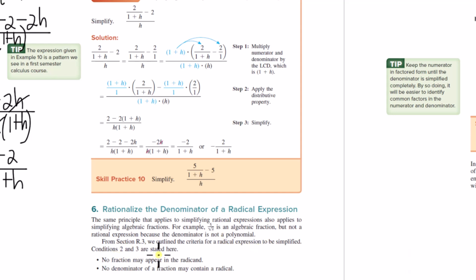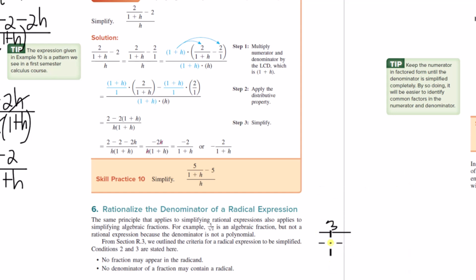So they restate the conditions here. Yeah, we talked about this in the section on simplifying radical expressions. So here are the two conditions associated with fractions: you can't have a fraction appear in the radicand, so you can't have this, and this is not simplified, and then you can't have a radical in the denominator of a fraction to consider that simplified.